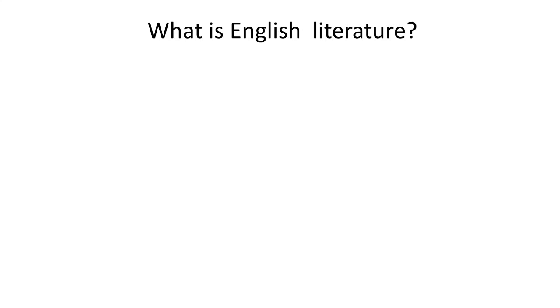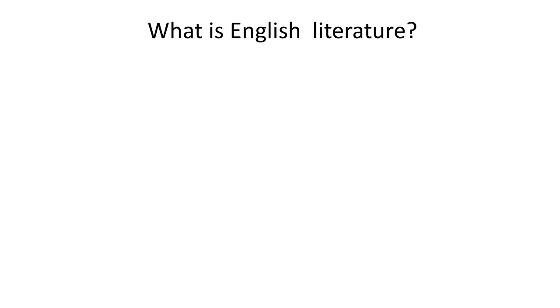Then when you consider what is English literature, there is some confusion. So everything that is written in English cannot be called English literature here, because we have Indians writing in English, but that is not considered English literature. It is written in India, and we call that Indian writing in English.